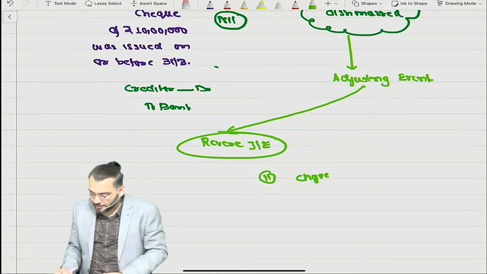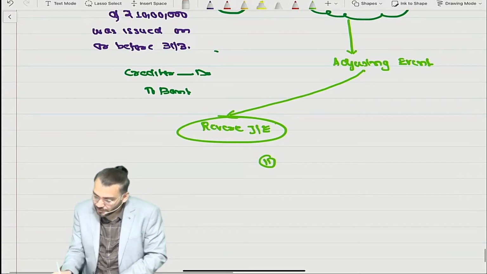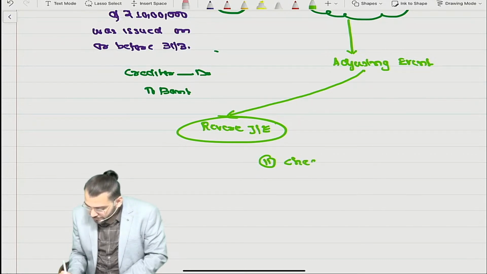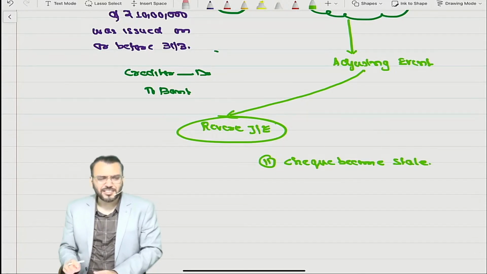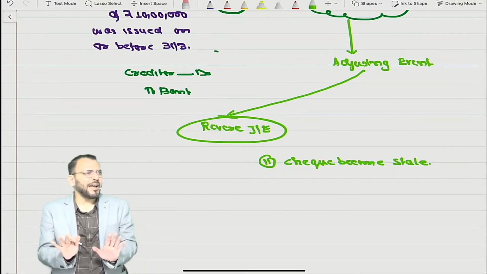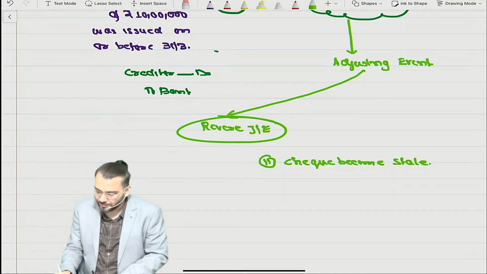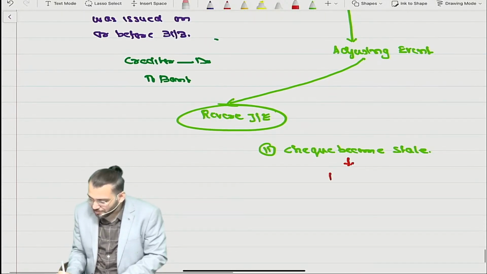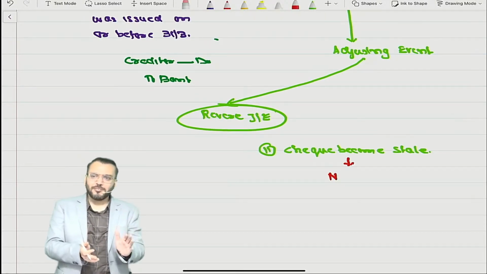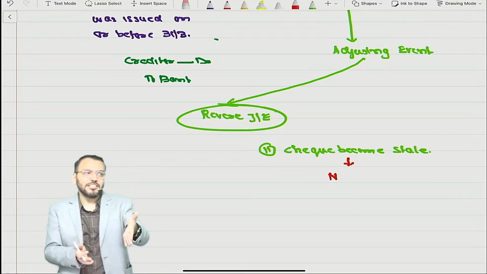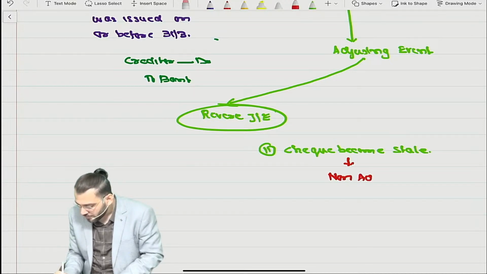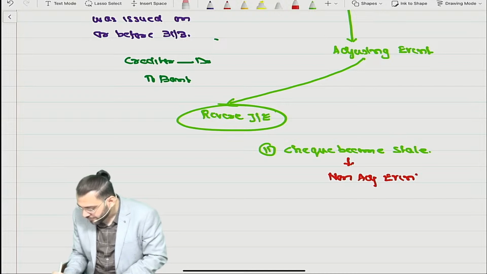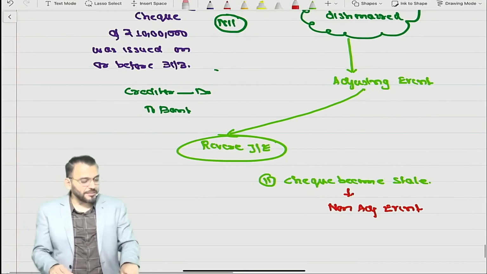So the check becomes stale, meaning expired. Is it an adjusting or non-adjusting event? It is a non-adjusting event because this is not a default of management. Management will reissue a new check, but the liability was reduced on 31st March only. It is a non-adjusting event. I think I have done my job.